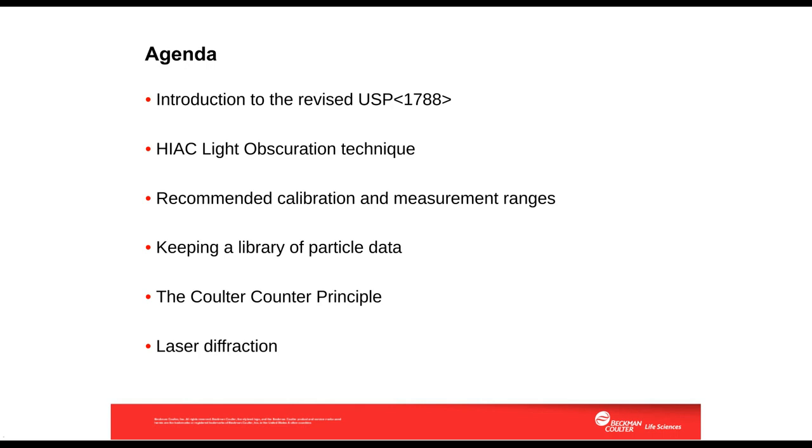There are multiple USP chapters on subvisible particles in parenteral products, and we'll discuss the calibration and measurement ranges covered by this chapter. We'll take a look at some of the examples of particles that you may find in your products, and then we'll take a look at the complementary orthogonal Coulter counter and laser diffraction methods as called out in the revised complementary chapter USP 1787.